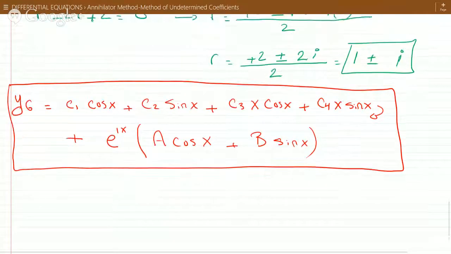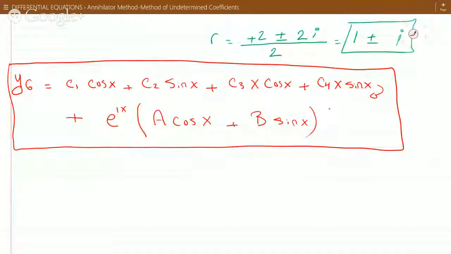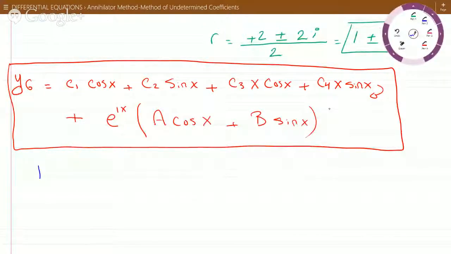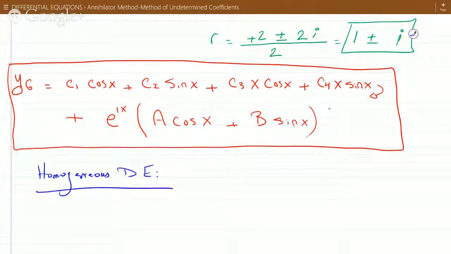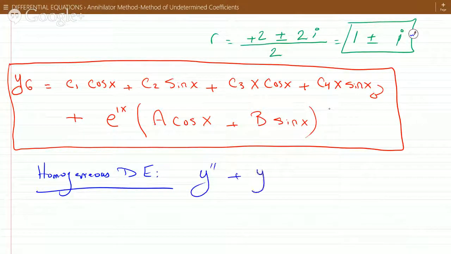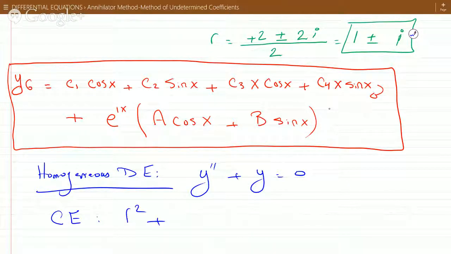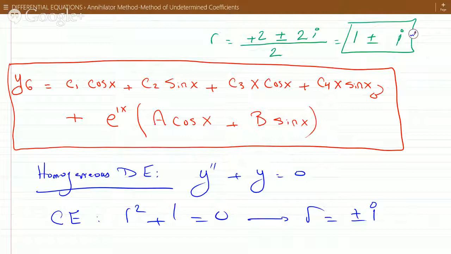Now, to find the complementary, solve the homogeneous differential equation. That happens by just setting the right-hand side equal to 0. So this is just y double prime plus y equals 0. Characteristic equation is r squared plus 1 equals 0, which makes r equal plus or minus i, right?